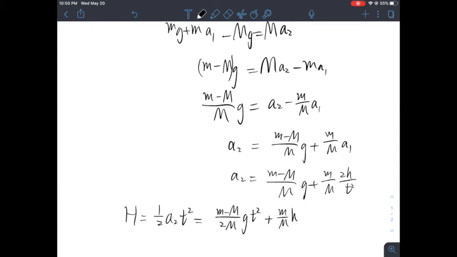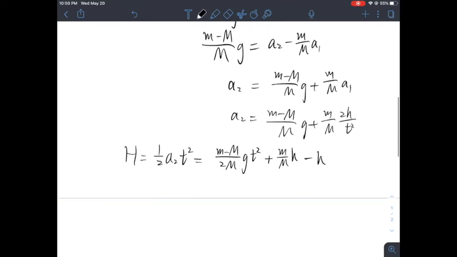Then times 2h divided by t squared will just cancel out, with an h left. Finally we also need to subtract h, because remember we are finding the distance it traveled and also the original distance from the pulley, which is h. So we need to subtract that.